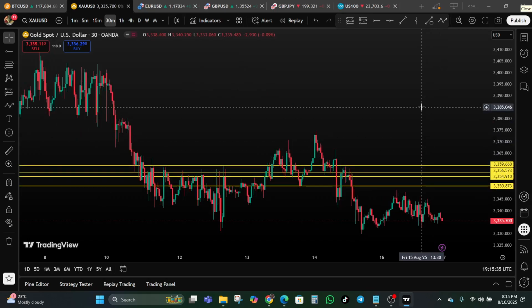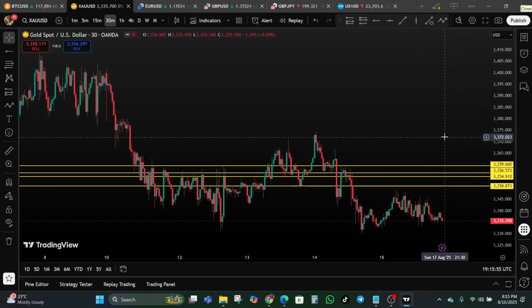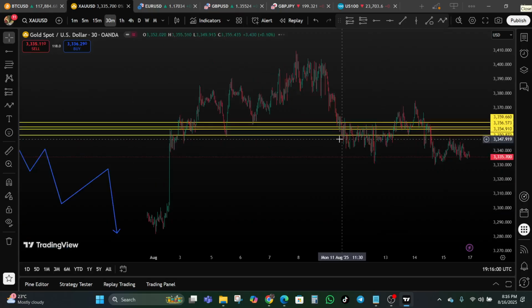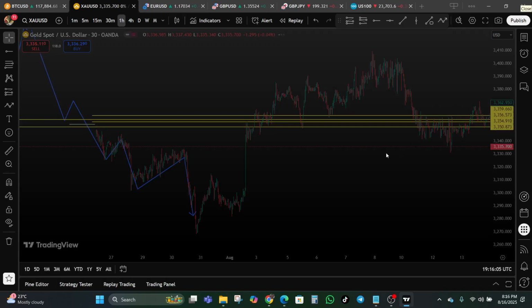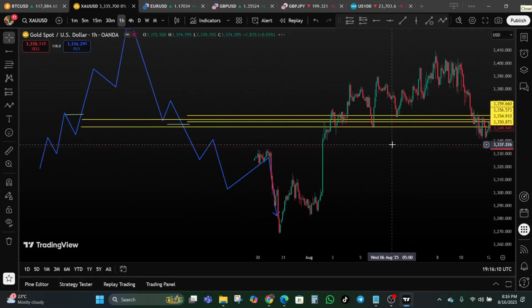This approach is powerful because it gives you a structured roadmap, and instead of reacting emotionally to every candle, you are trading with purpose, using the same principles that institutions rely on. Now, to recap, the SMC Forex Trading Strategy is built on 4 pillars: structure, liquidity, order blocks, and confirmation.